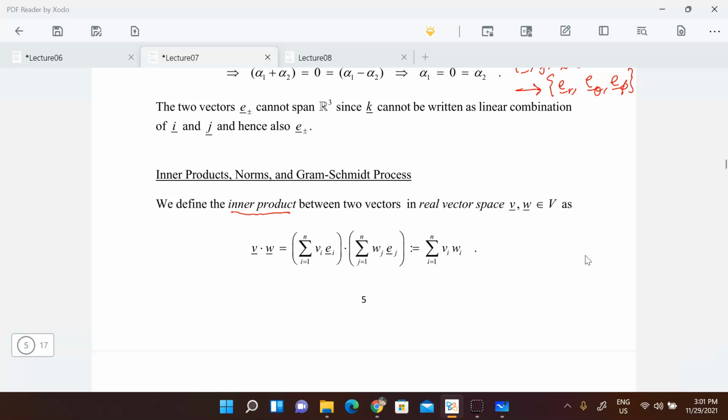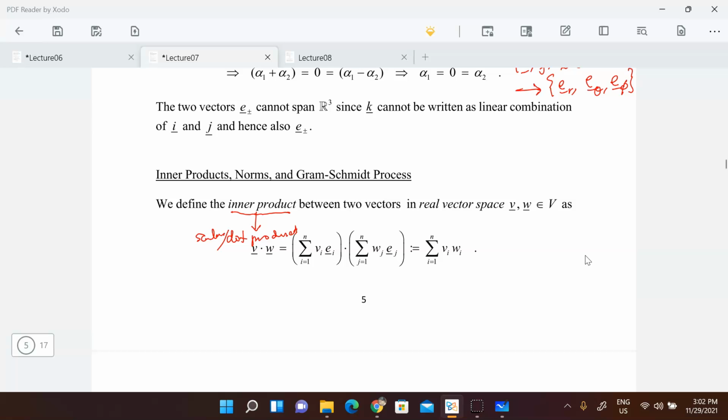It usually has the same symbol, but the idea can now be generalized to any dimensions and any types of vector space, including complex vector spaces, which might have a slightly different definition. The inner product is a generalization of your dot product or scalar product.